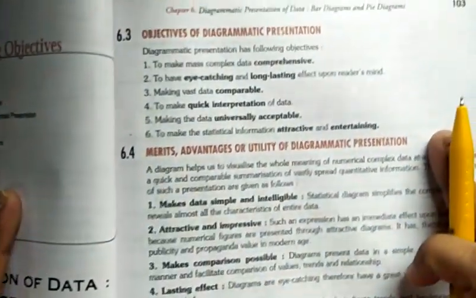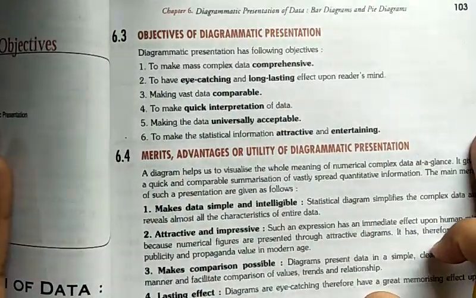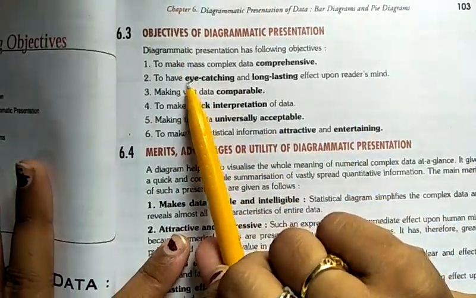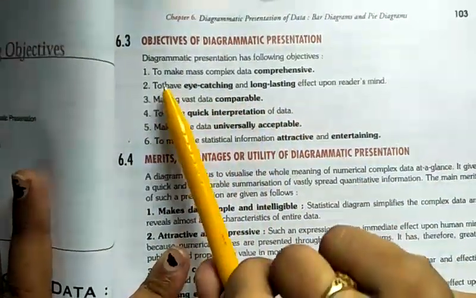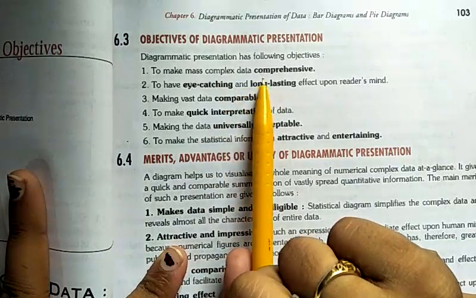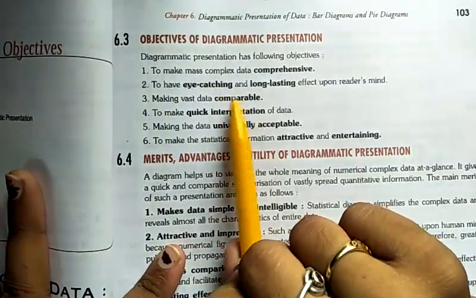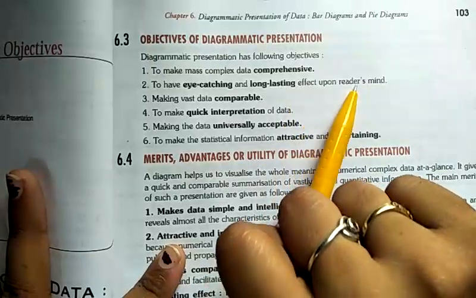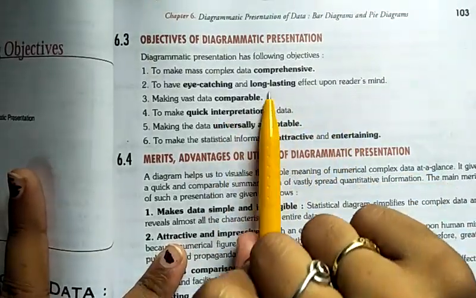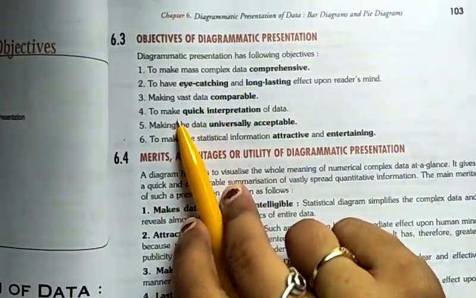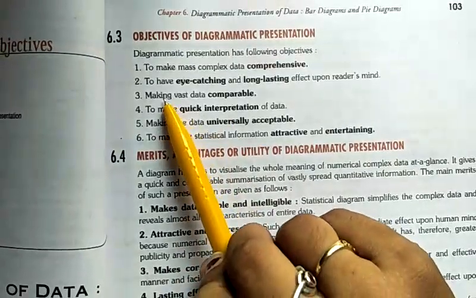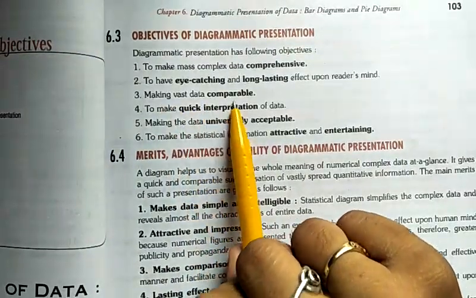Next is, what are the objectives of diagrammatic presentation? So the following are the objectives: to make mass complex data comprehensive, to have an eye-catching and long-lasting effect upon the reader's mind. With one look, a reader can get each and every piece of information, making vast data comparable.